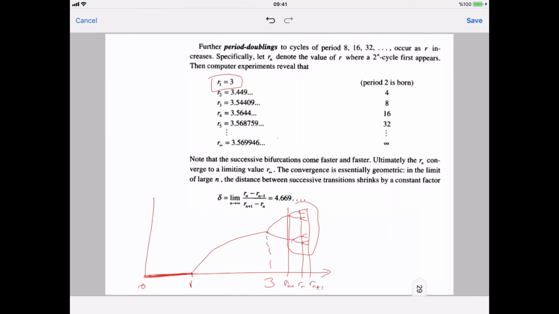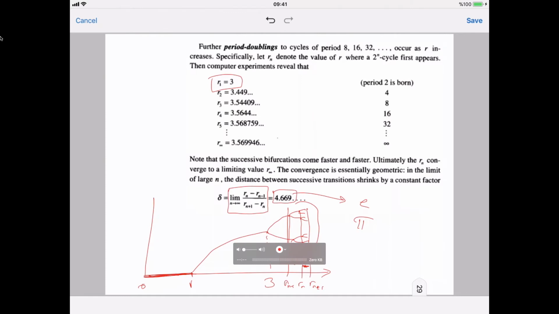And let's take this limit as n goes to infinity: R_n minus R_{n-1}, which is this length, divided by this length, actually approaches a universal constant. It always approaches this one. And it has nothing to do with other mathematical constants. Not that we know of. Like, it has nothing to do with e or pi or i. Okay? So it's a new universal constant that tells you how chaos is approached. Okay?